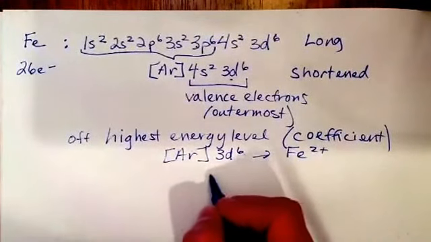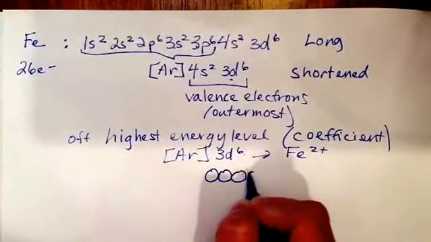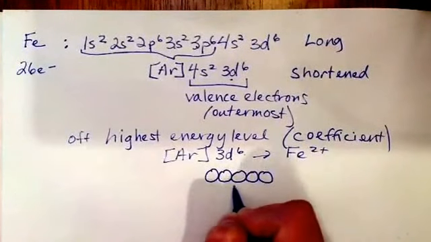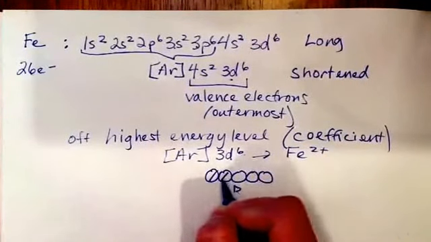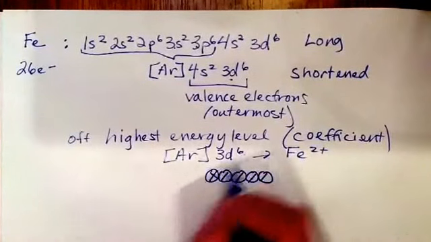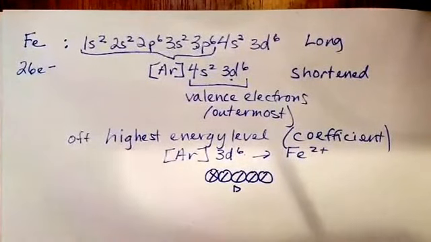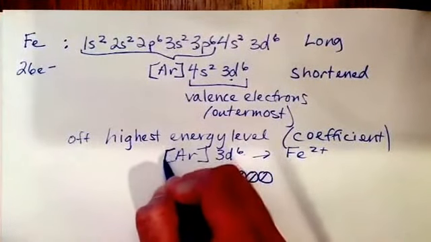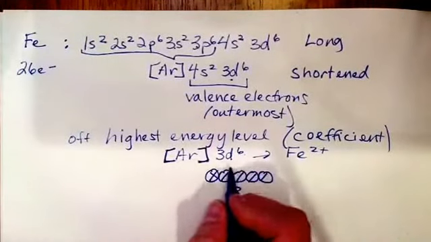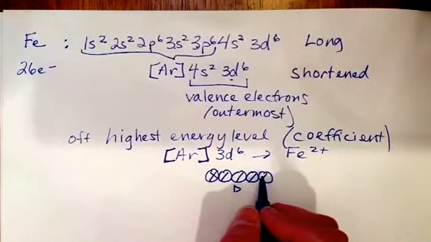Now, if we think about the specific orbitals within the d, we can see that there are 6 remaining. I know that there's some different stability that occurs with these electrons because of the d.